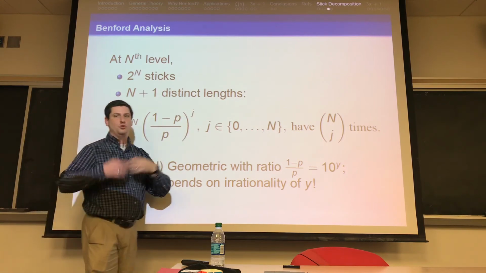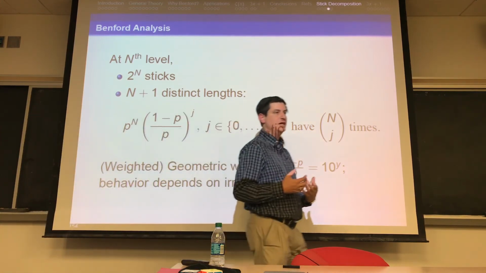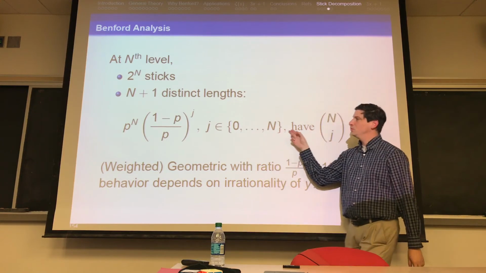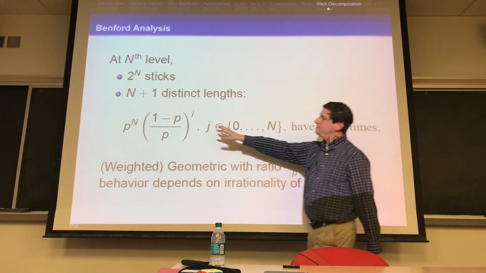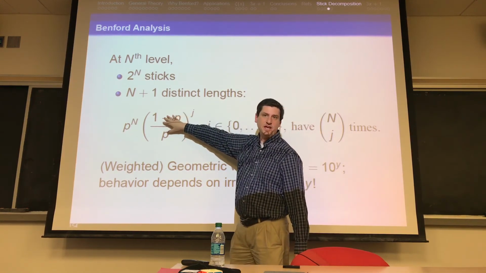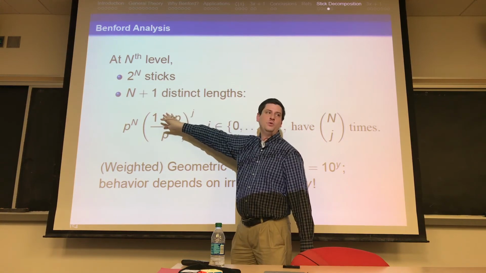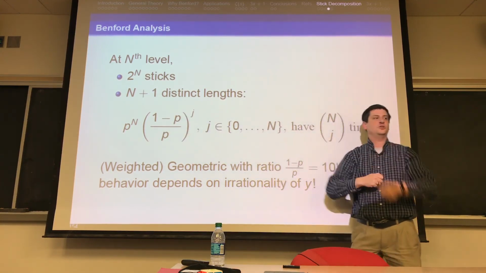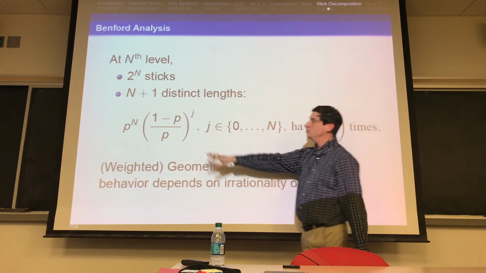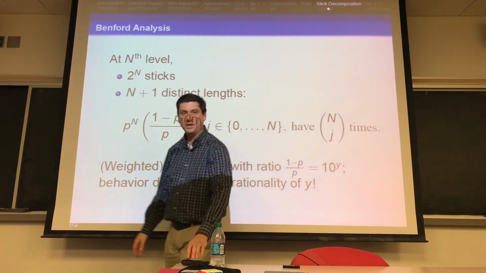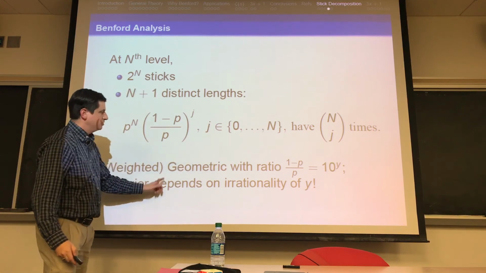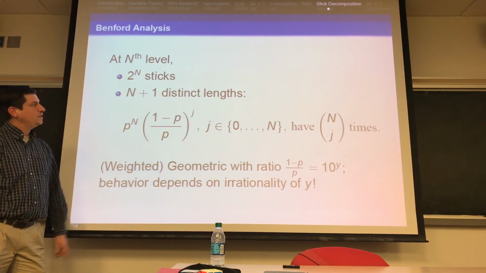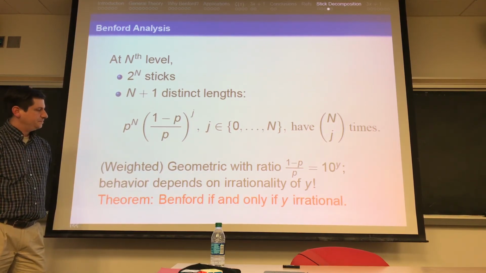Or more generally, if I have a log base 10 here and this is a power of 10 or a rational power of 10, then every time j increases by a fixed amount, I'm going to just cycle back. So I need to make sure that this stays away from being a power of 10, and as long as you stay away from that, it's going to be Benford.